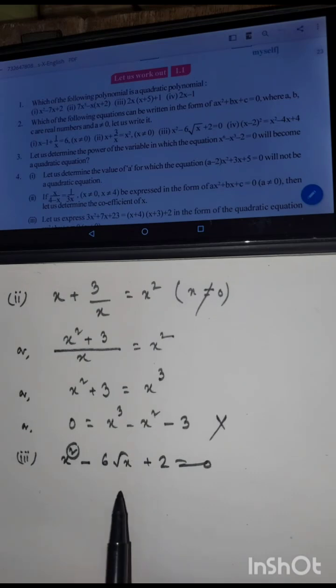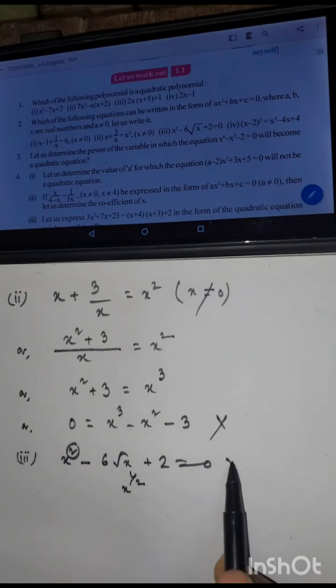Here the power of x is, this is actually x to the power half, so the power of x cannot be a fraction. So this is not a quadratic equation.